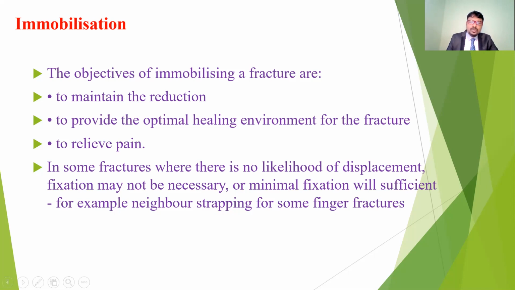It also helps to relieve pain. In some fractures where there is no likelihood of displacement, fixation may not be necessary, or minimal fixation will be sufficient. For example, neighbor strapping of some finger fractures. Here, there is no need to apply a POP or any splint. Only strapping is enough to maintain and immobilize the fracture fragments.